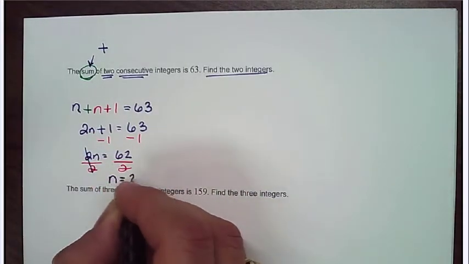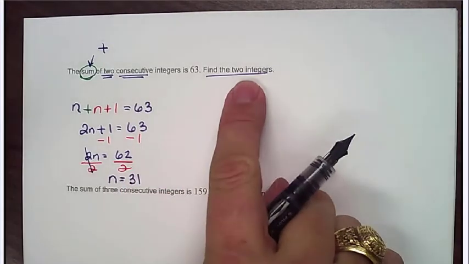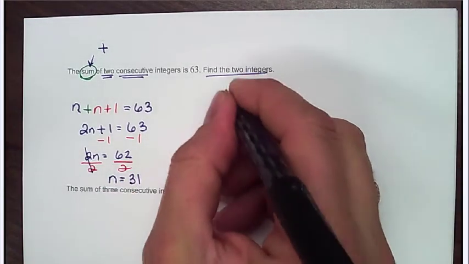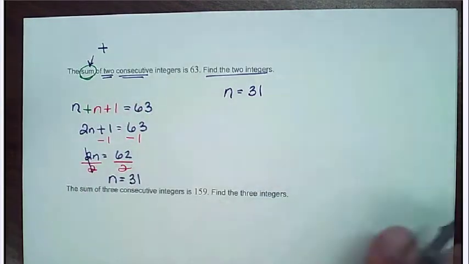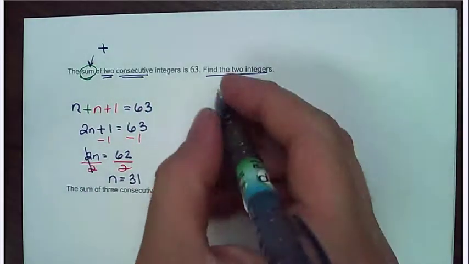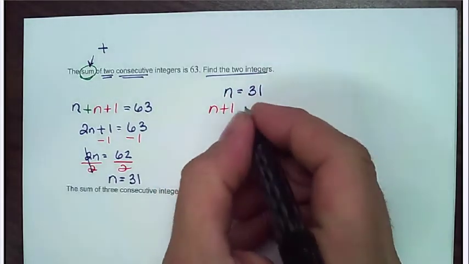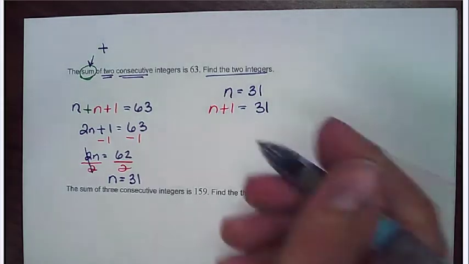Well, that tells me what n is, but remember, I need 2 integers. So I need to know what the first integer is. We know that that's n. But then we need to know what that second integer is, and that second integer is n plus 1. So all we have to do is plug in my 31 into this equation.